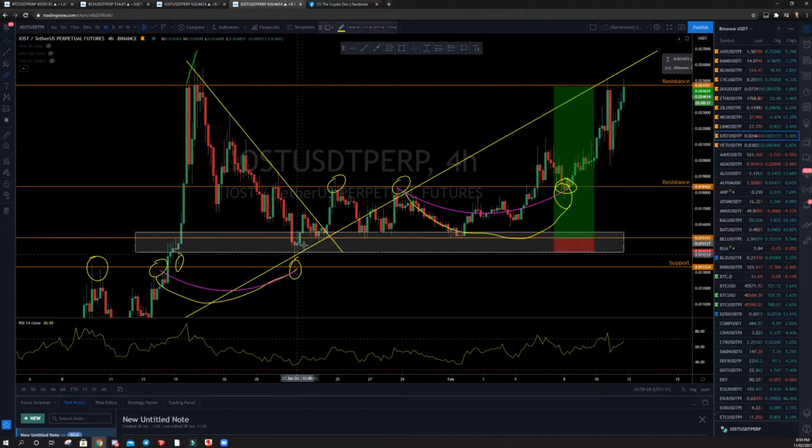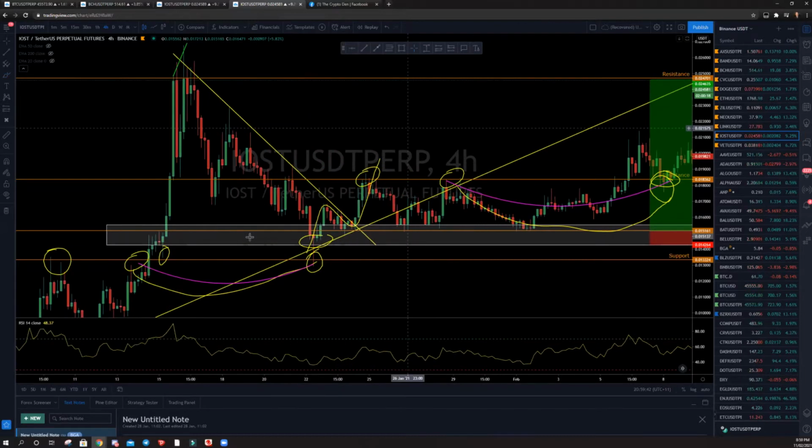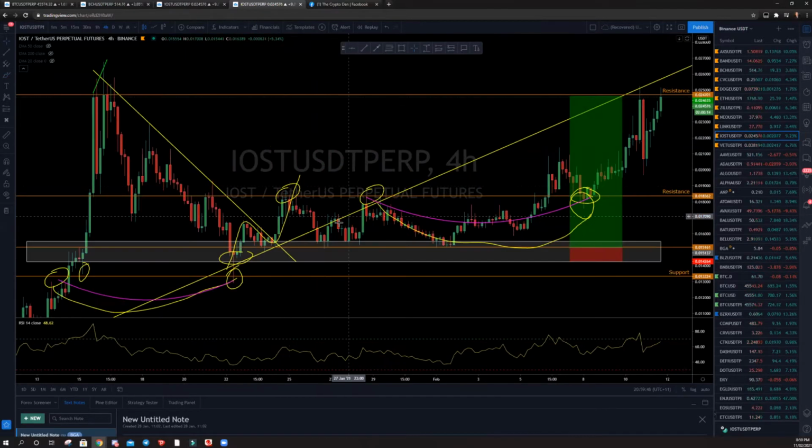EOS, I was actually in over here at about the 15,137 mark, and I was waiting for a break of this upper trend line here. Now, it broke that trend line, and then all of a sudden, it literally just went sideways for 2 weeks.